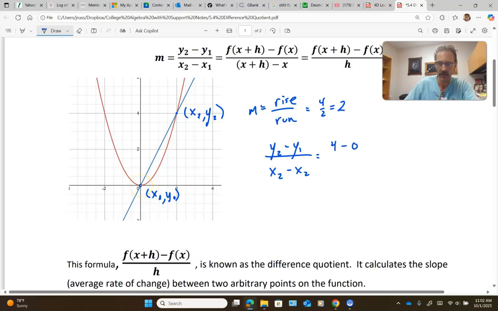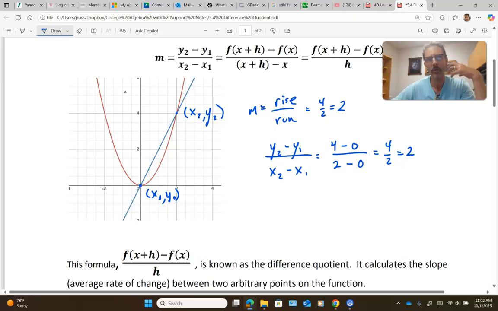So 4 minus 0, divided by the x coordinate of this point, which is 2, and the x coordinate of this point is 0. So 2 minus 0. And again, we get 4 over 2, or 2. I actually miscopied something here. The subscript should have been a 1.